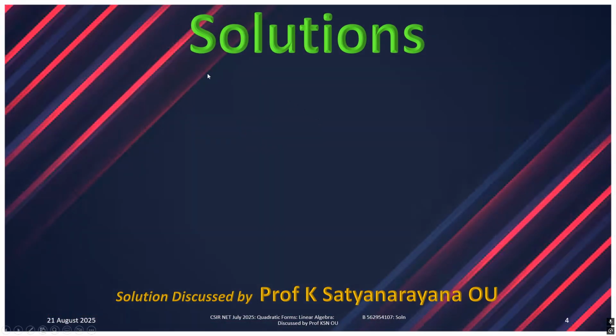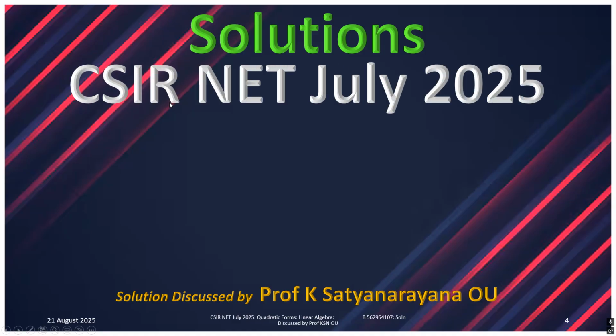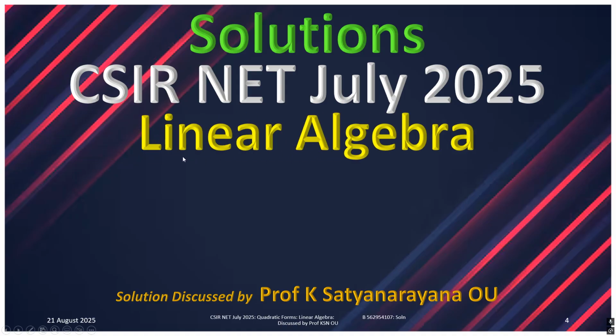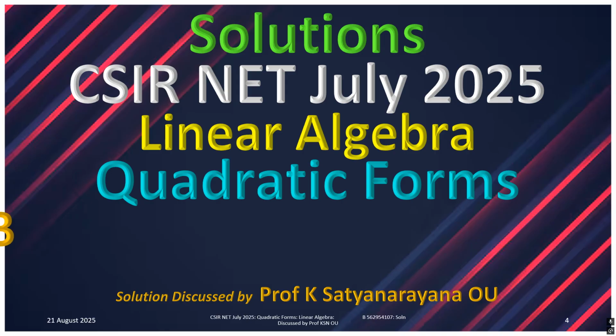Right. We continue the discussion of the solutions of the problems that have appeared in the CSIR National Eligibility Test, July 2025. In this video, we discuss the solution of a problem from the section Linear Algebra, and it is related to the concepts of quadratic forms.